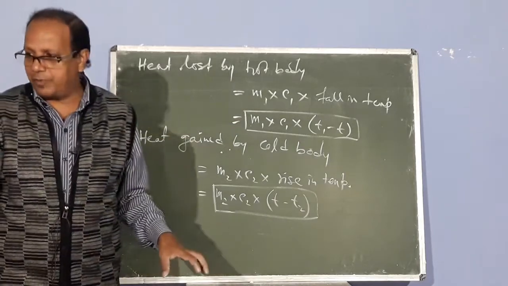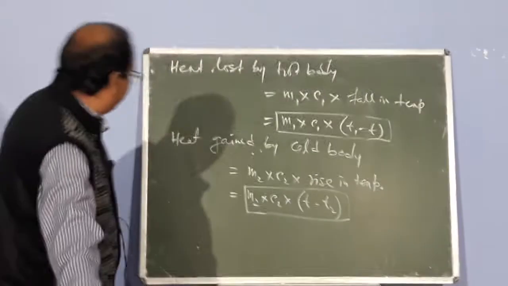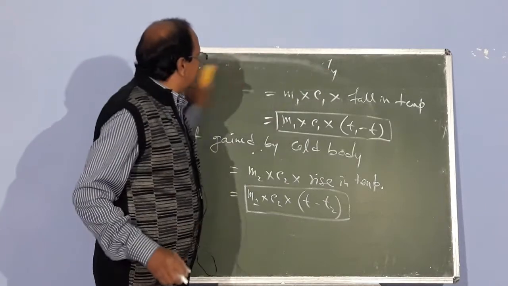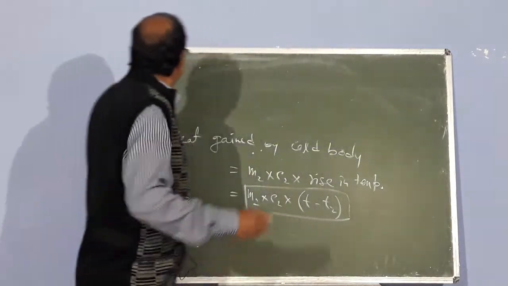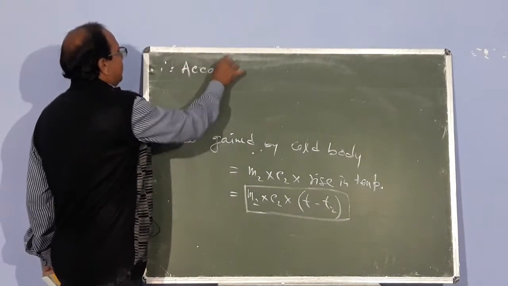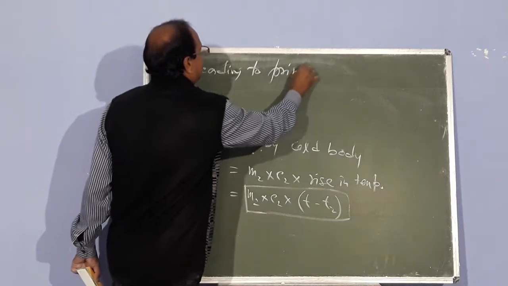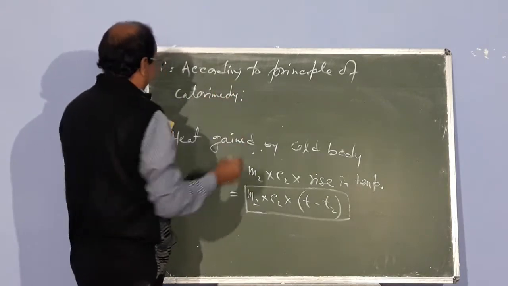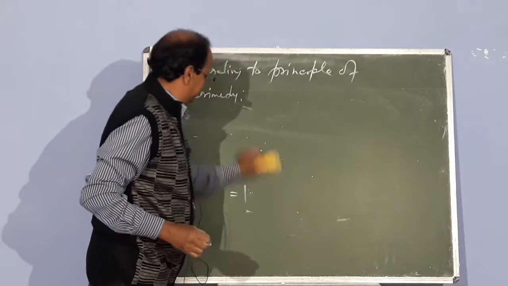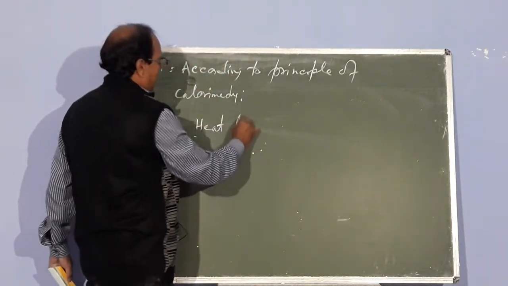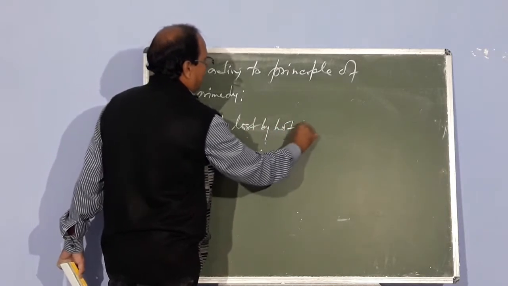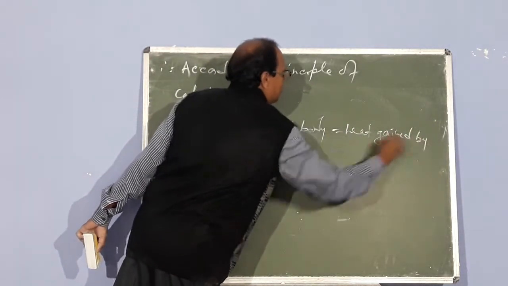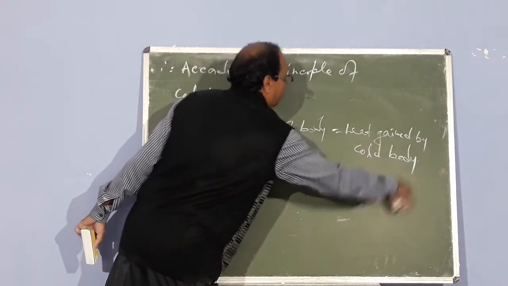So according to the principle of calorimetry, heat lost by the hot body is equal to heat gained by the cold body.